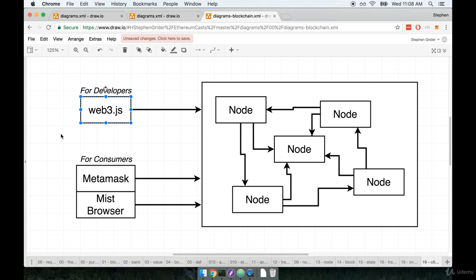You can think of Web3 as being our sort of portal or our window into the Ethereum network, and it's going to allow us to send money, store data, deploy contracts, or do essentially whatever we want to do on the network. We're going to get a tremendous amount of experience with Web3 throughout this course. Now again, this is really something that's used by developers. It's something that is used to create applications.